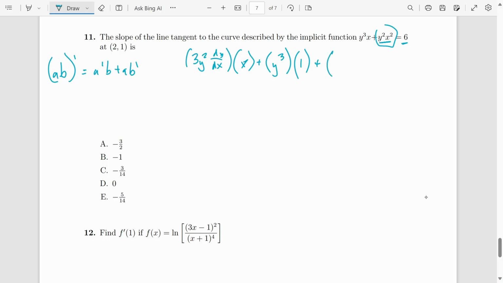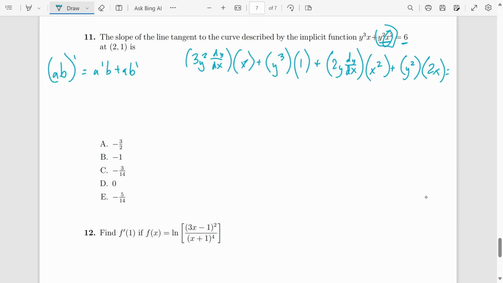So doing that, a prime is the derivative of y squared, that is 2y. Multiply this by dy over dx because we found the derivative of a y. b is x squared, plus a, which is y squared, b prime is the derivative of x squared, that is 2x.